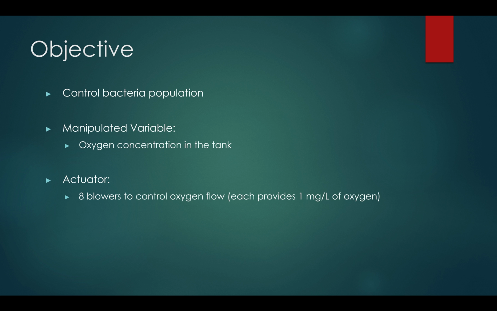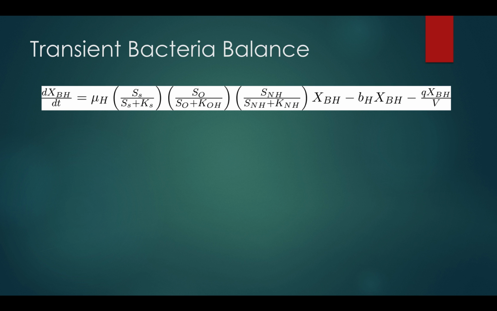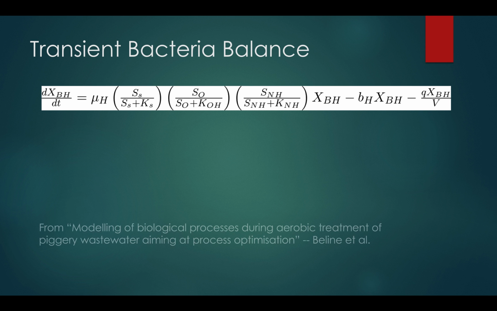We assume that each one provides 1 milligram per liter of oxygen, and we'll be talking about the impact of that on the bacteria population. We also have a disturbance, which is the flow rate of sewage, and that will actually be pushing some bacteria out of the system.